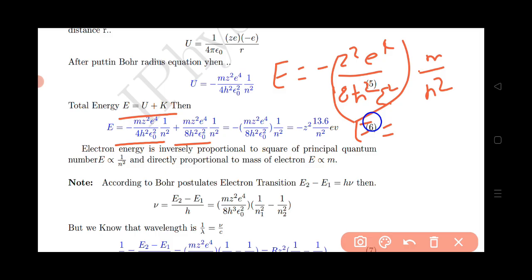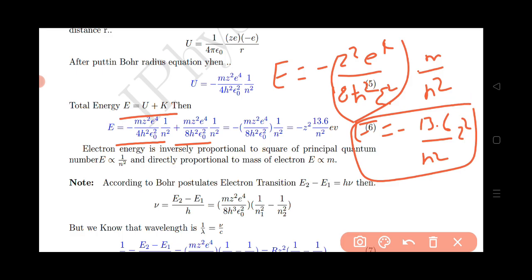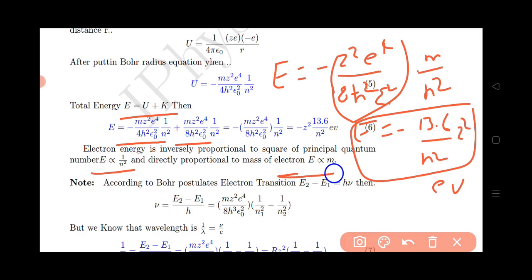Total energy E for electrons equal to minus 13.6 upon n square times Z square in electron volt. Total energy is directly proportional to the mass of electron and inversely proportional to the square of principal quantum number. Okay.